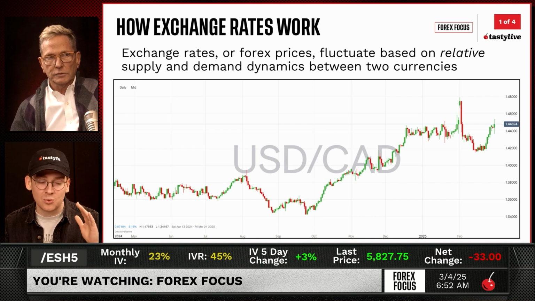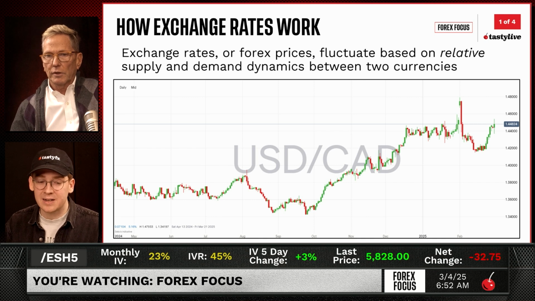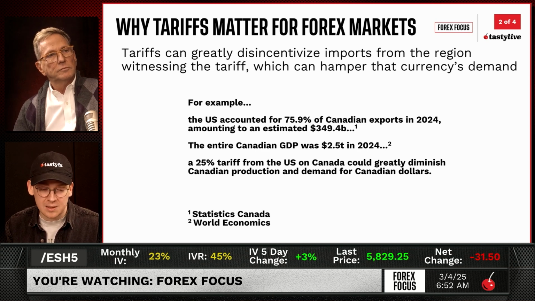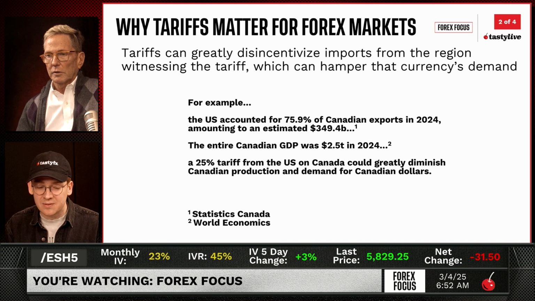Keep in mind, this is a relative supply and demand dynamic when you're looking at exchange rates. Now let's throw tariffs into this. Tariffs can greatly disincentivize imports from the region witnessing the tariff, which can hamper that currency's demand. For example, the U.S. accounted for 75.9% of Canadian exports in 2024, amounting to about $350 billion.